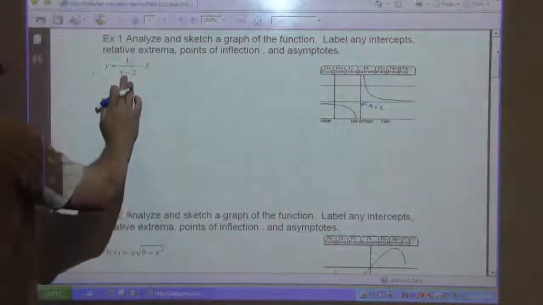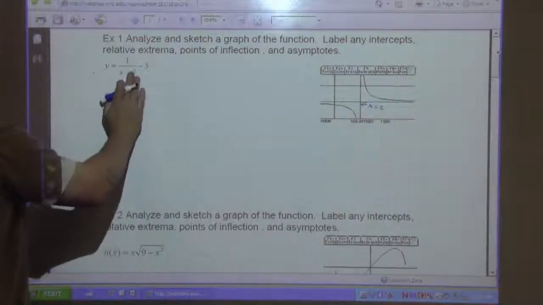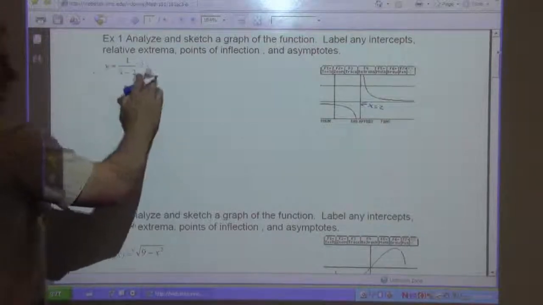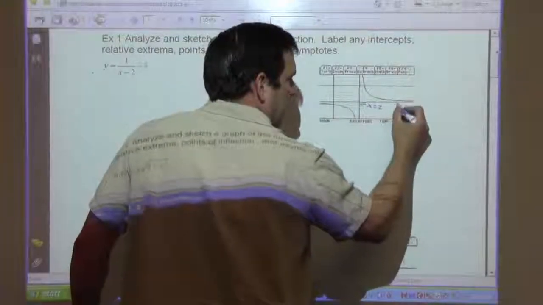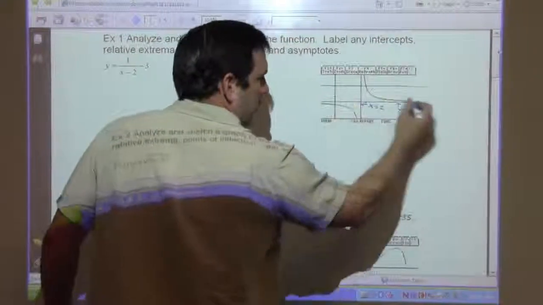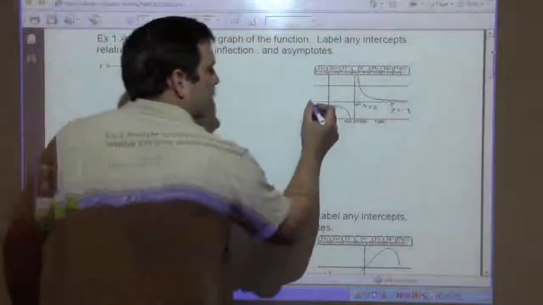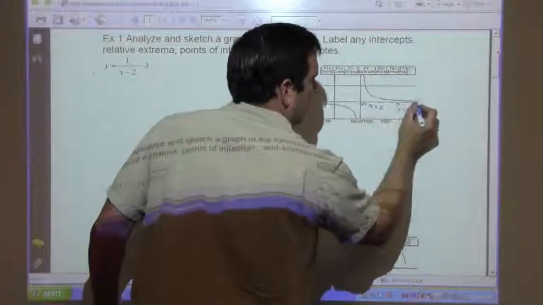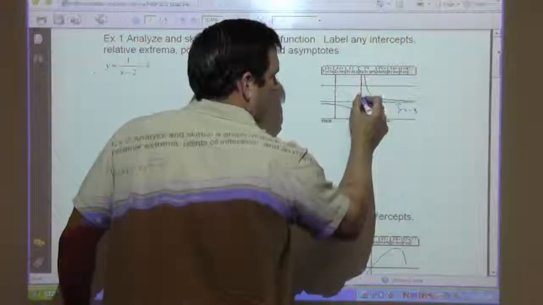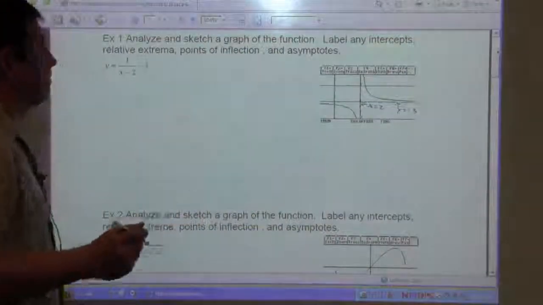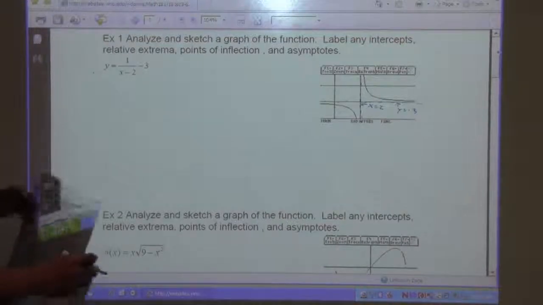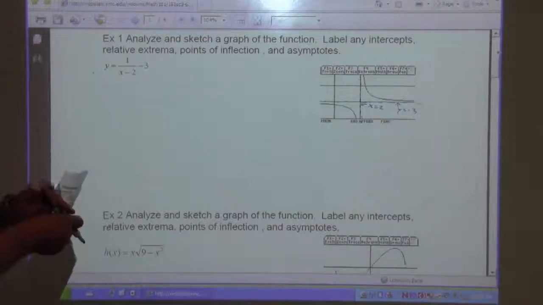And then as x gets really, really big, 1 over infinity is 0, so y equals negative 3 is this horizontal asymptote. So that's a horizontal asymptote. Okay. And let's continue now.